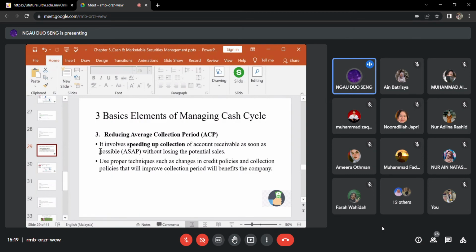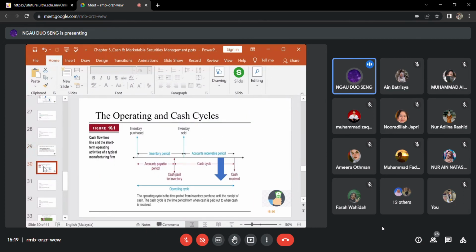So use proper techniques such as changes in credit policy and collection policy that will improve the collection period while benefiting the company. So here, the account receivable period, you shorten it. You try to reduce the account receivable period.